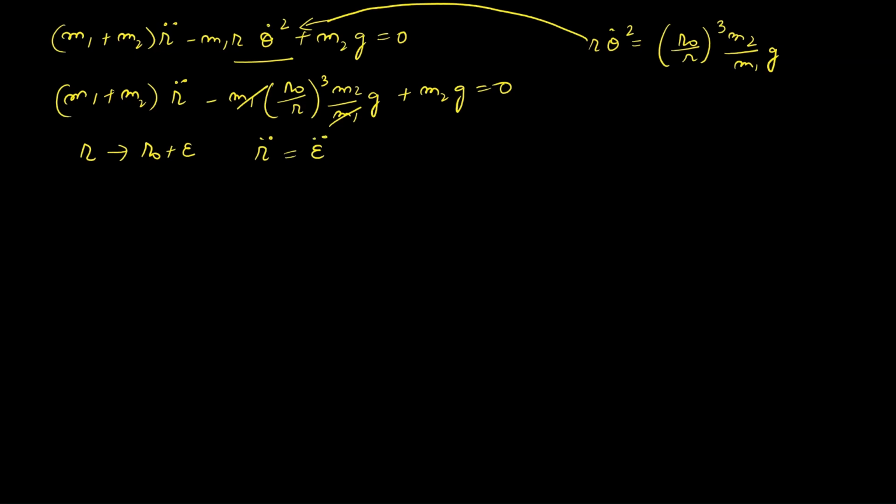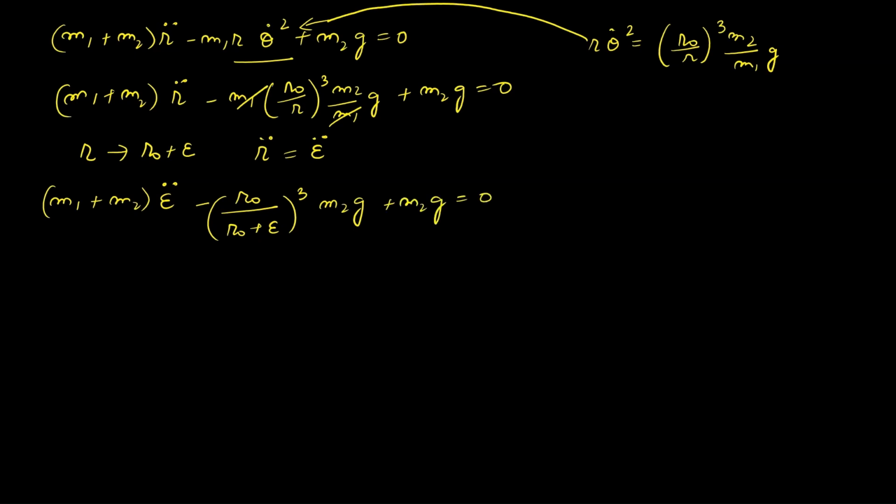So my equation of motion in terms of epsilon will look something like (m1 + m2) epsilon double dot minus m2 g (r naught by (r naught plus epsilon)) whole cube plus m2 g.